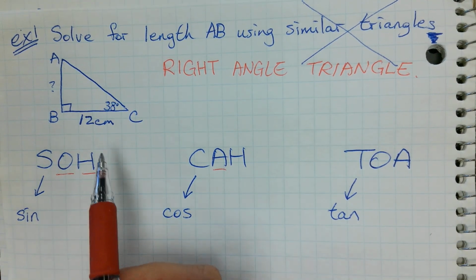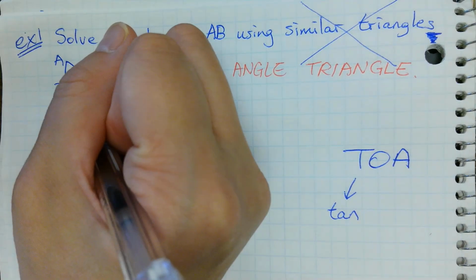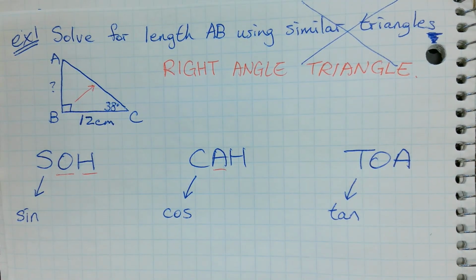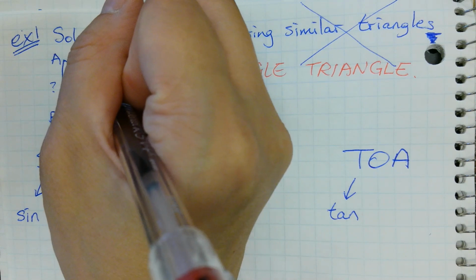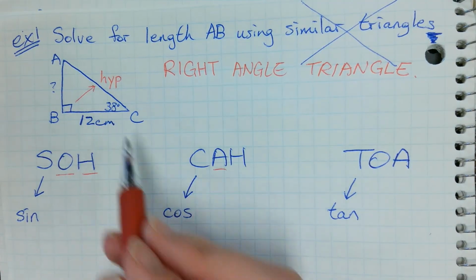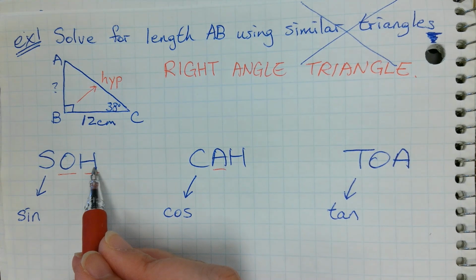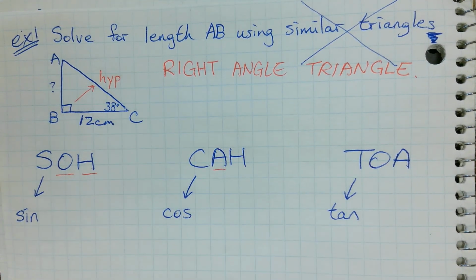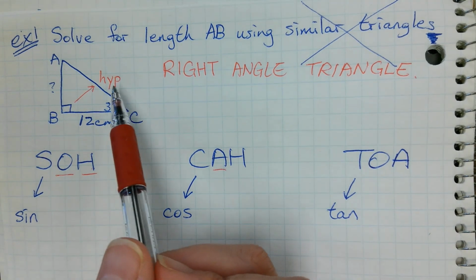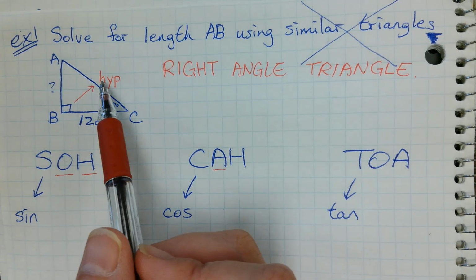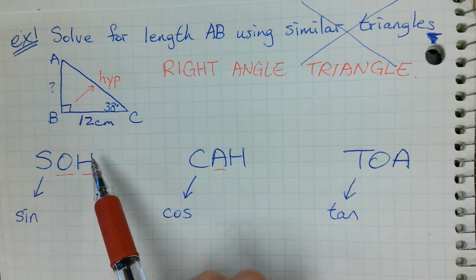In a right angle triangle, what is this side right here? The hypotenuse. H. Finally, the letters match up with what their word is. Hypotenuse is H.